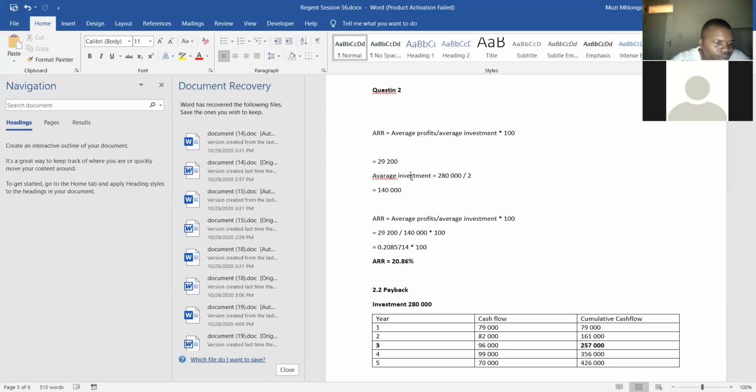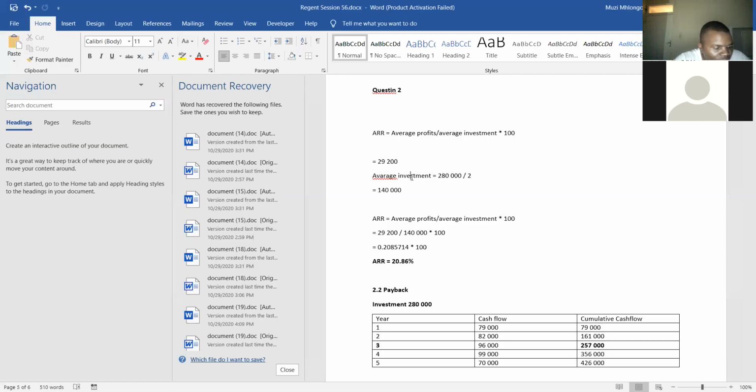So cash flow needs to be converted to net profits. Do you have that table of cash flows, year one, which is 66,000, the continuation of that table?